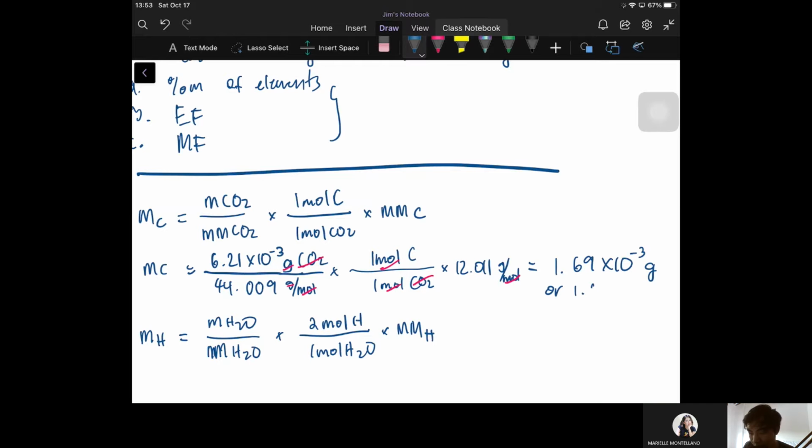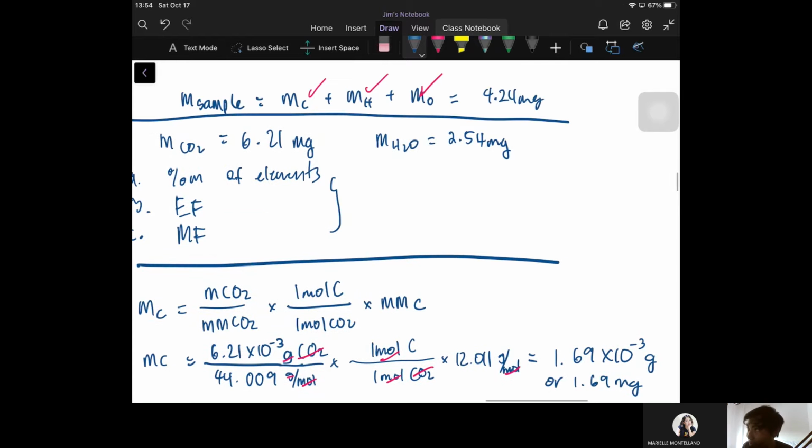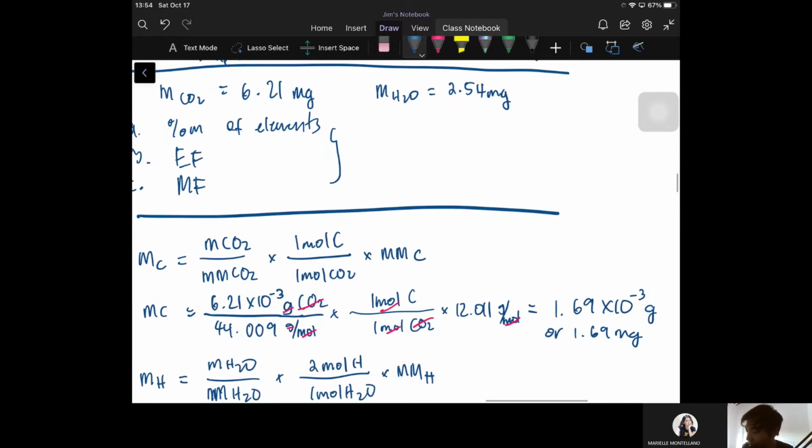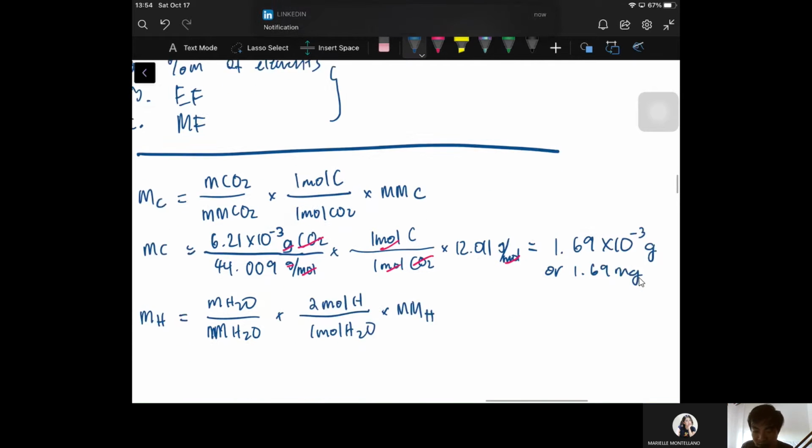So that would be 1.69 milligrams. Bakit ko milligram? Kasi yung mass ng sample natin ay naka-milligram din. So mas madali mag-ganon. Although pwede rin naman naka-grams, no? So basta wag lang malito sa units.